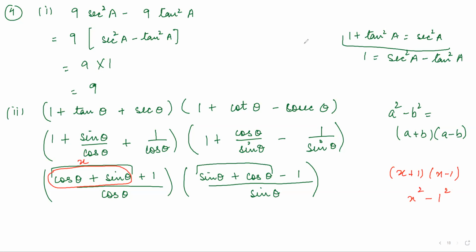Don't write x like this; I was just showing it to compare. So I can write it like this: cos theta plus sine theta whole square minus 1 whole square, divided by simple multiplication cos theta into sine theta. Any problem?